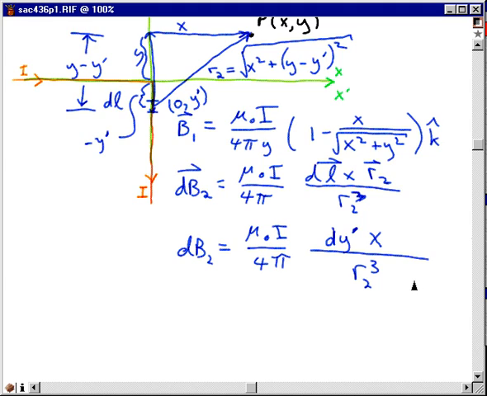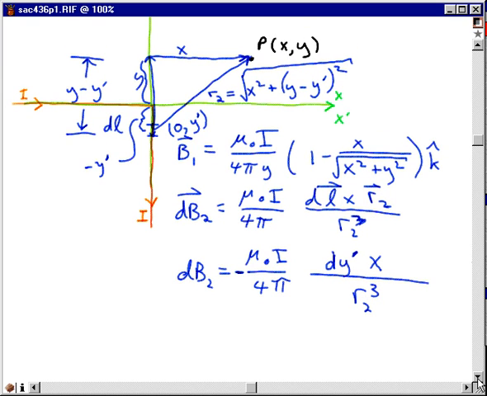This would come out negative, so I want it to be the component of b in the plus z direction. So I'll take the negative of it, and I get a positive contribution to b in the z direction. There's a little bit of conceptual thinking going on there.